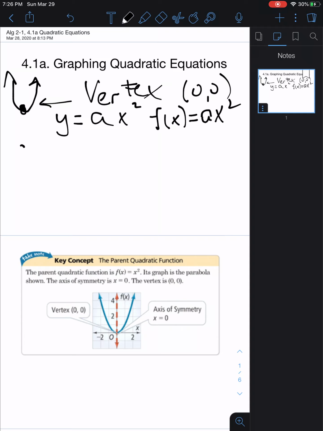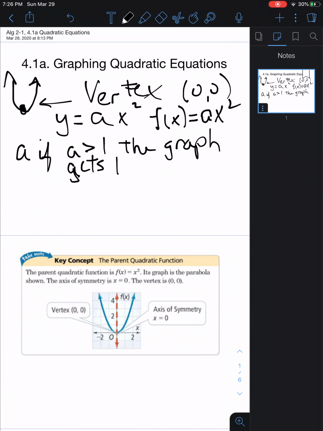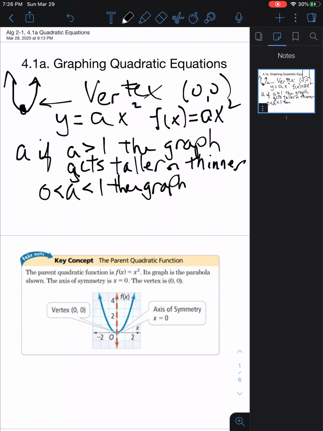All right, a has several things that we need to note about it. If a is greater than 1, the graph gets taller or thinner. If a is less than 1 but greater than 0, then the graph gets wider.